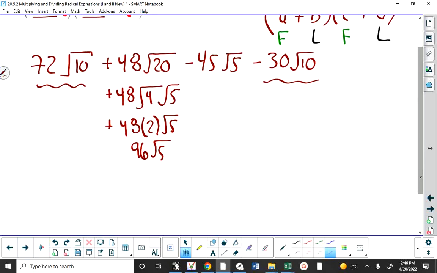So what do we get? 72 root 10 minus 30 root 10 is 42 root 10. How's my subtraction skill? Good, thank you, Jack. And then I have 96 root 5 minus 45 root 5. Ooh, 51 root 5.